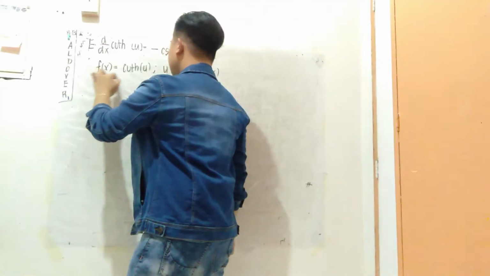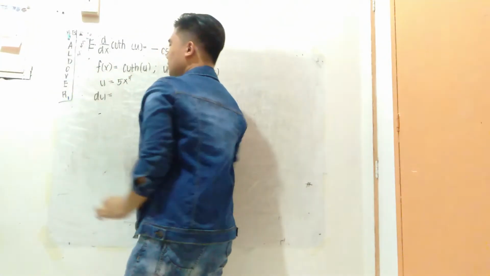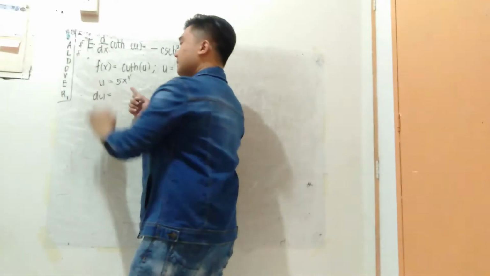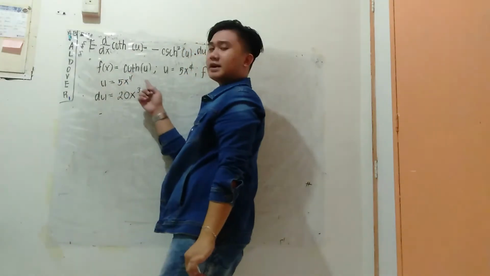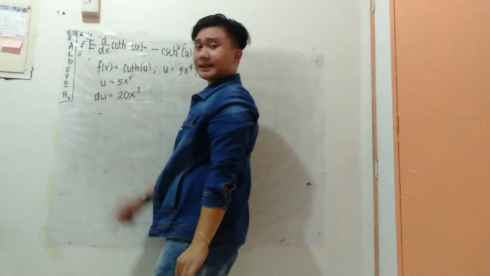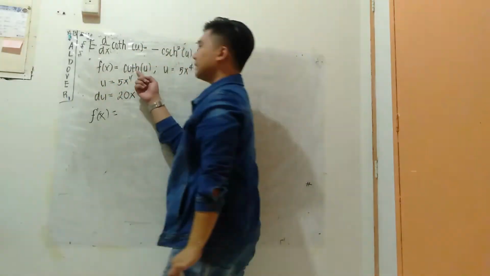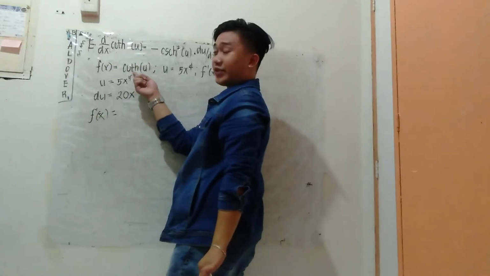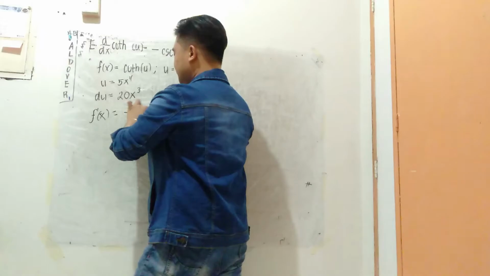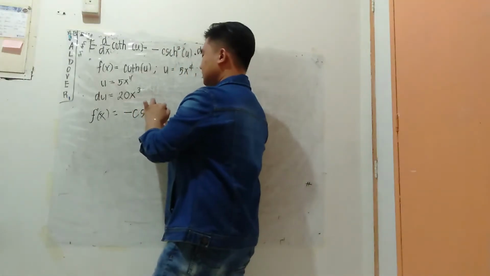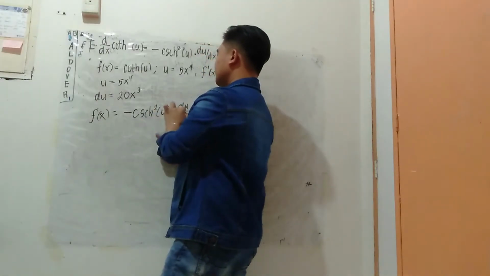Since u is equals to 5x raised to 4, du is equals to, bababa si 4, 4 times 5, that is 20, x cubed. Kasi 4 minus 1. So, madali na natin itong masiset up. F prime of x, anong derivative ng cotangent? Hyperbolic cotangent, that is negative hyperbolic cosecant squared u times du dx.